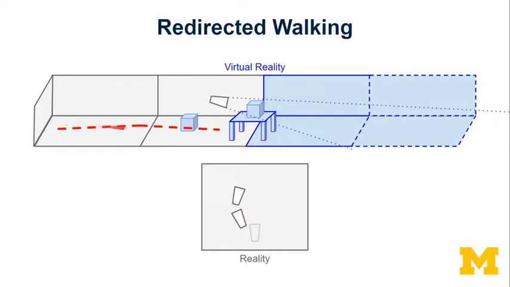So, while the user feels like, wow, I must be like at the end of this physical world now, we actually moved just this way in a circle, and that gives us more virtual space that we can cover in the same physical world. Redirected walking.